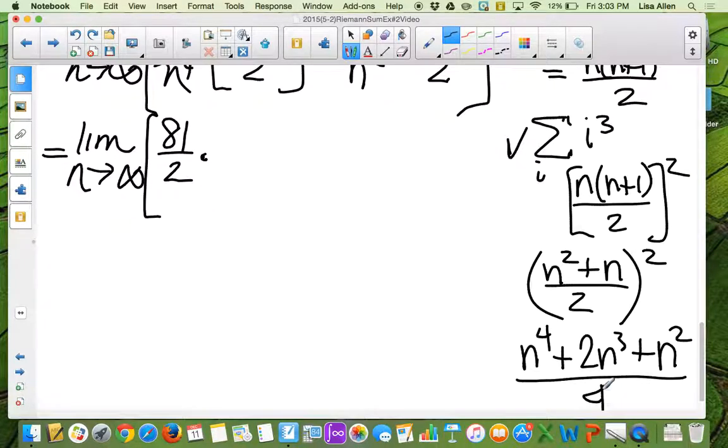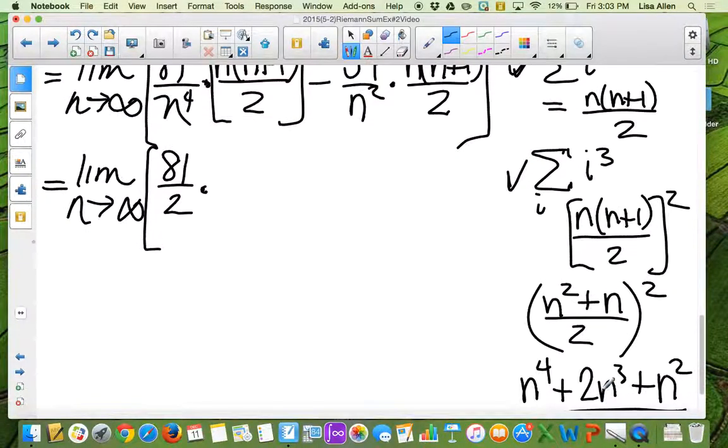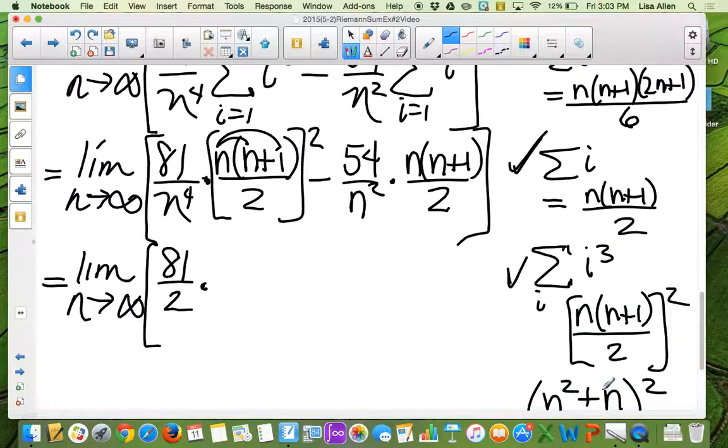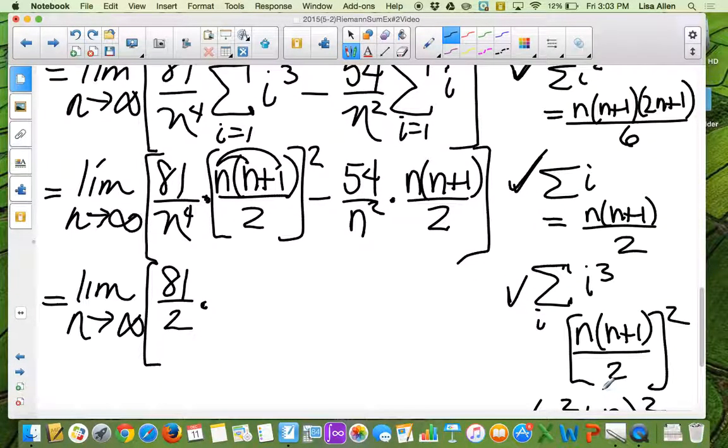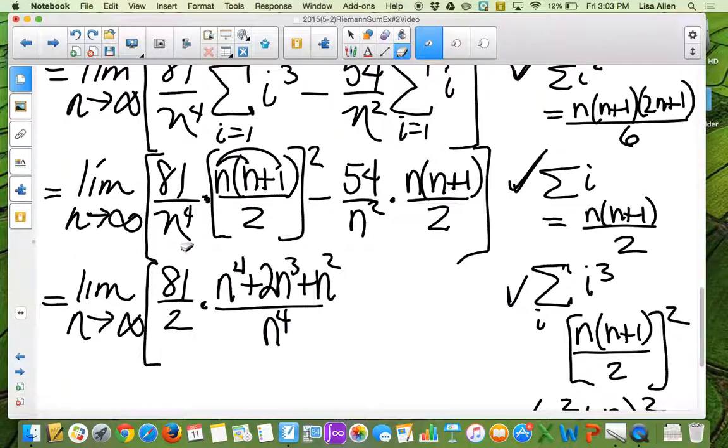So bringing that in, we're going to have 81 over 2 times n to the 4th plus 2n cubed plus n squared over, I'm going to bring that n to the 4th over here, put it underneath the denominator. In other words, just using the commutative property.